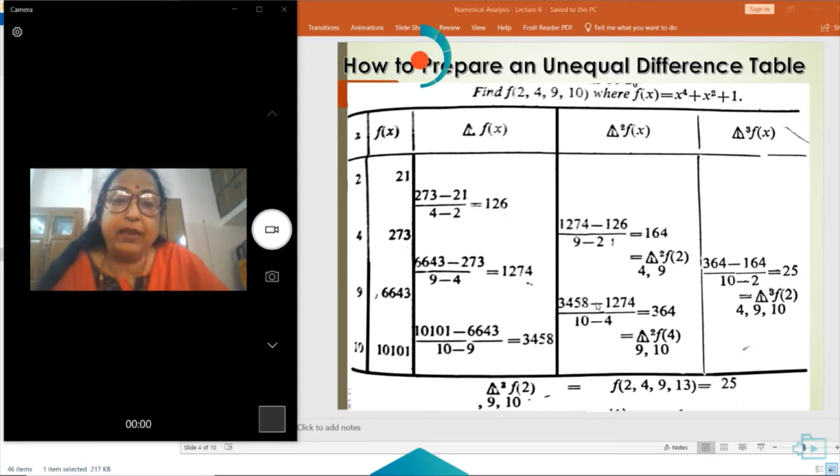Next, the third value minus the second value divided by the third x minus the second x. In the next, the fourth fx minus the third fx divided by the fourth x minus the third x.